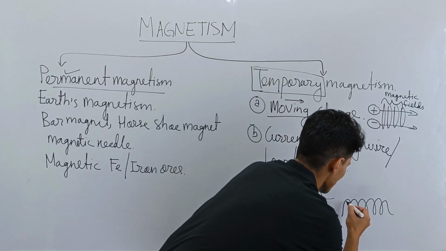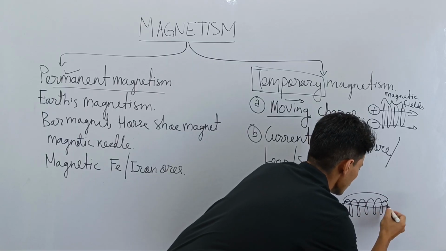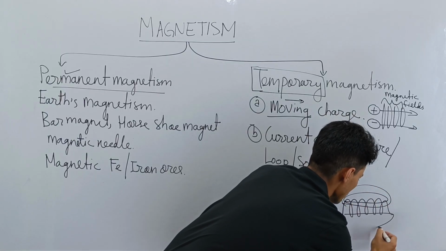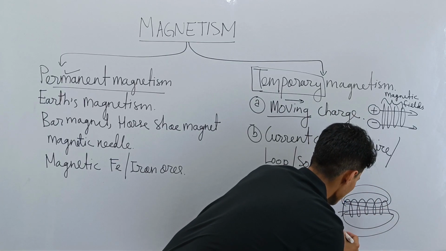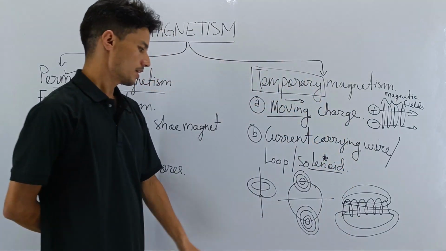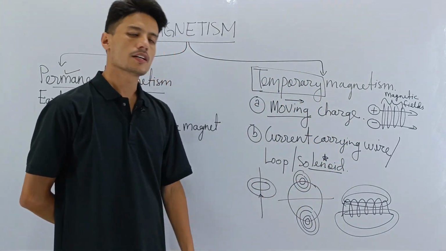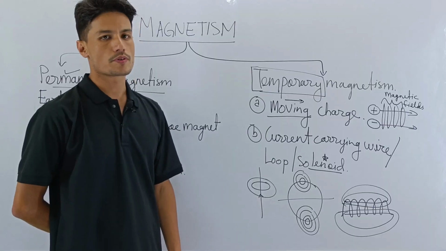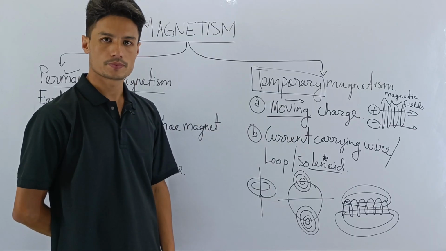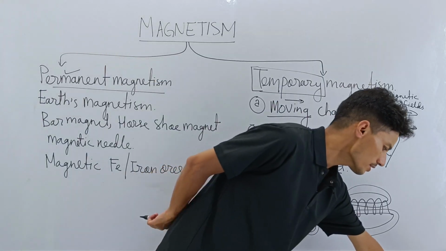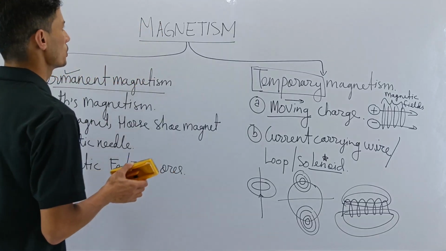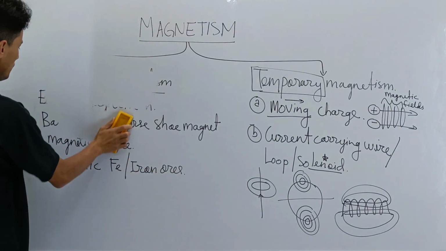We know that it also generates a magnetic field. So all of these produce temporary magnetic fields. I hope it's clear. So let's erase this and continue further with our discussion.